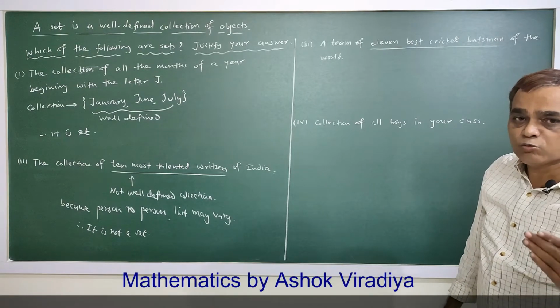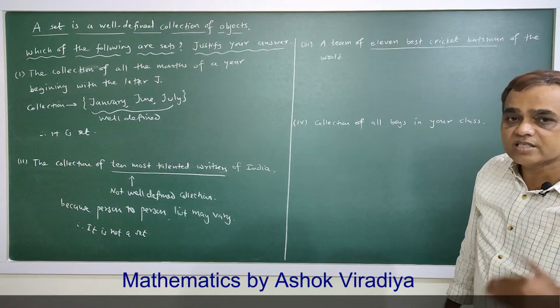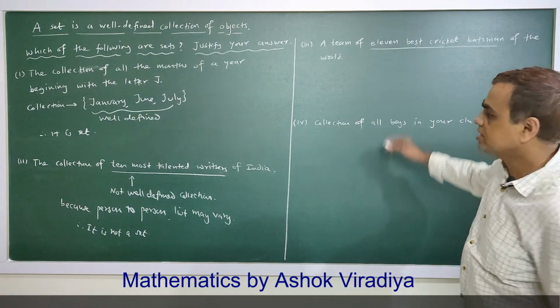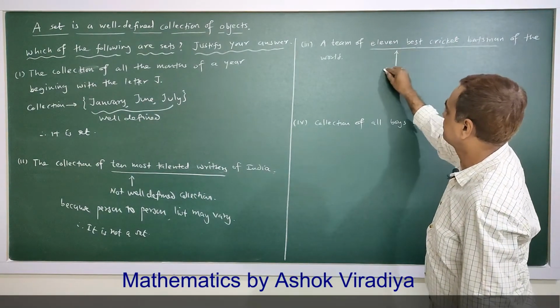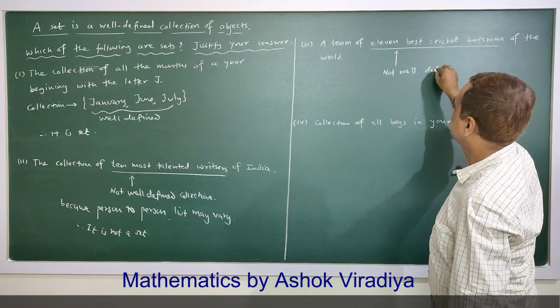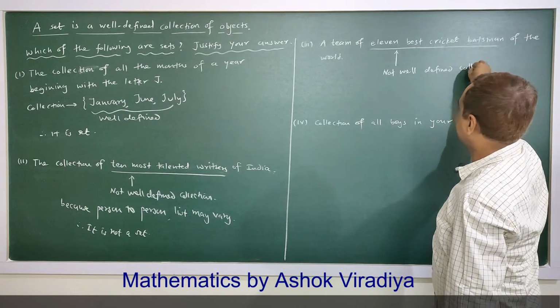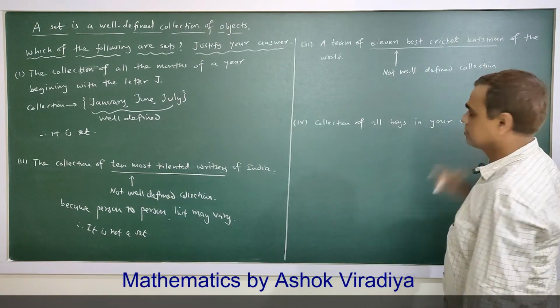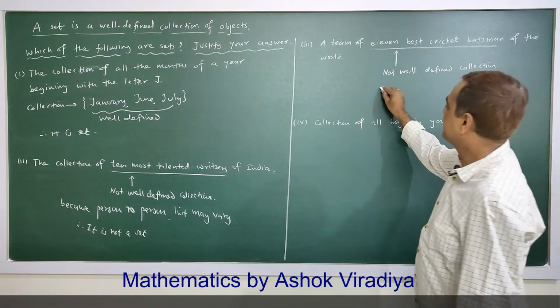So from person to person, the list is different. So this is not a well defined collection. Therefore it is not a set.